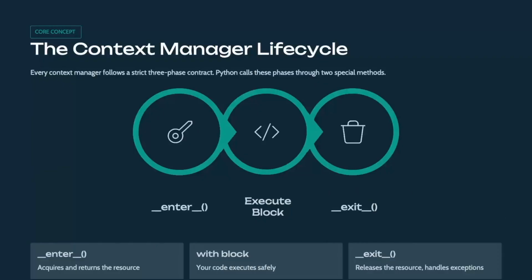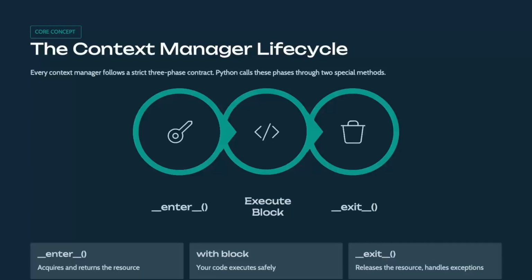If you've not understood dunder methods, go back to our dunder methods videos. Enter is the setup, execute block is us using the resource, and exit is simply cleanup. This structure appears throughout the Python ecosystem. Files, databases, connections, locks, network sessions, they all follow the same pattern.